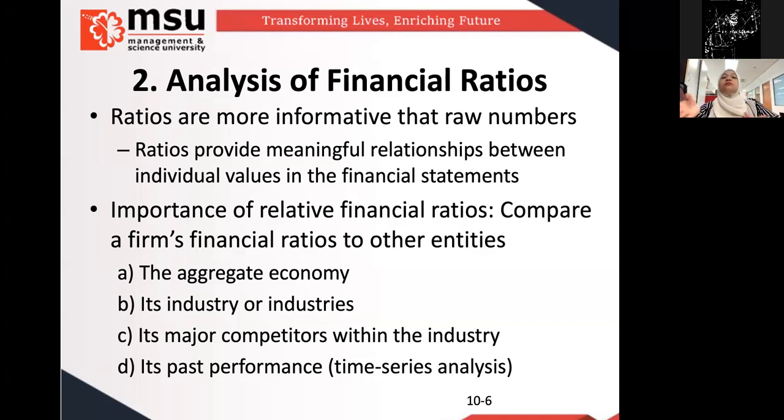Or we can also compare the company for this year compared to previous years. How is the performance of the company, is it getting better or is it decreasing? If it is decreasing, what areas does the company need to improve? These are the things that we want to know while we do the financial ratio analysis.